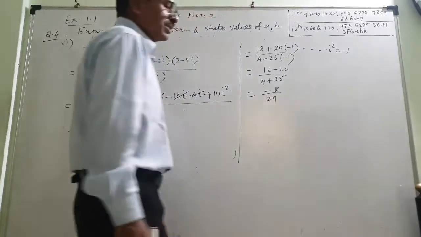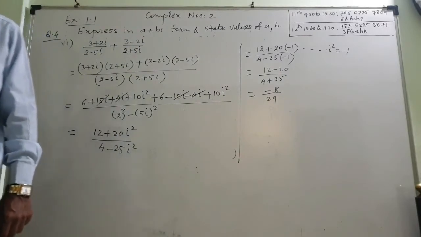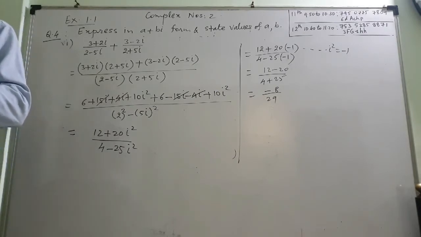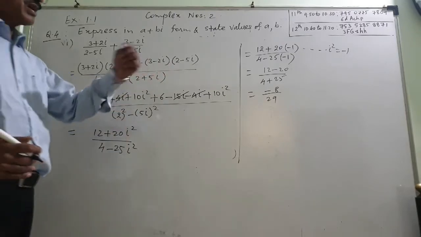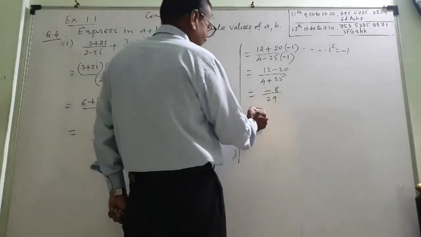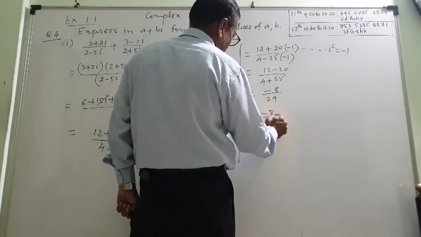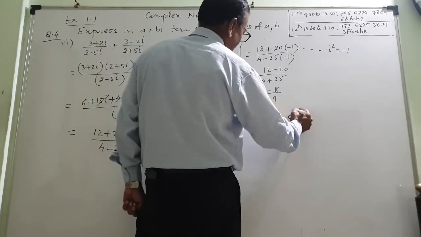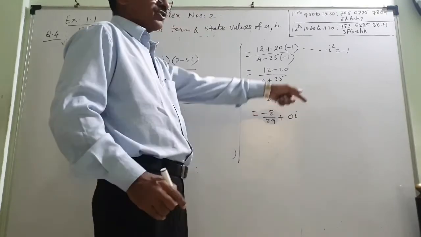Now here this is all the constant term and I have to express it in the form of a plus bi. There is no a plus bi. So I will write it as minus 8 upon 29 plus 0i. The i term is missing, that's why it is 0i.